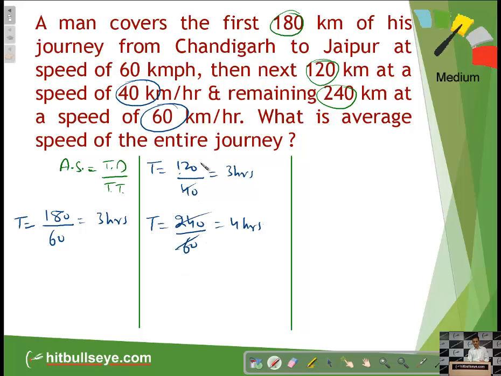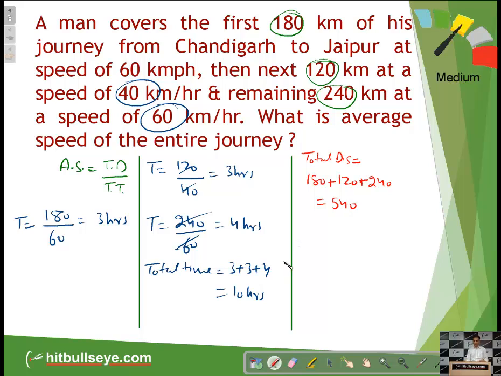So total time will be 3 plus 3 plus 4, which will be equal to 10 hours. And now total distance is equal to 180 plus 120 plus 240, which will be 300 plus 240, equal to 540.